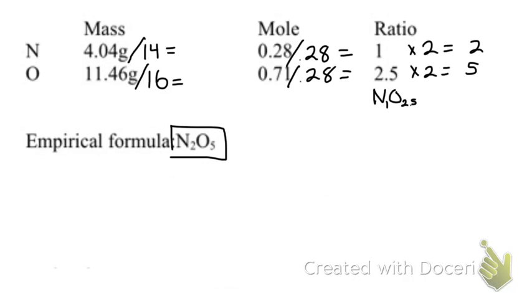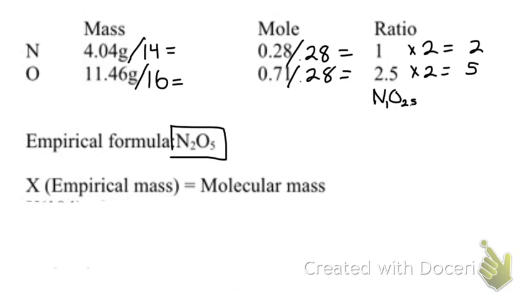So now that we have the empirical formula, we know that our equation is X times the empirical mass equals the molecular mass. We were given the molecular mass on the previous slide. It's the mass of the molecular formula.